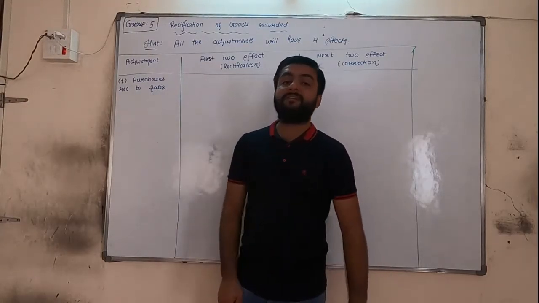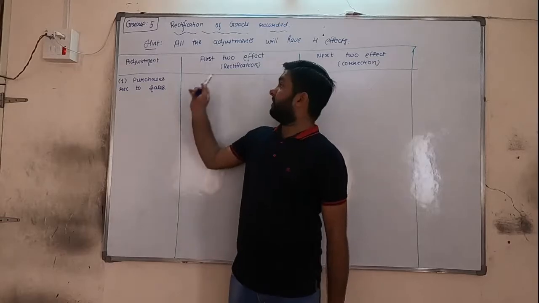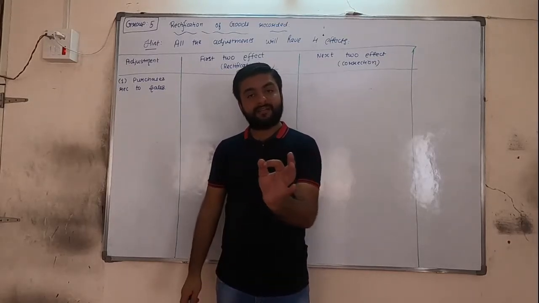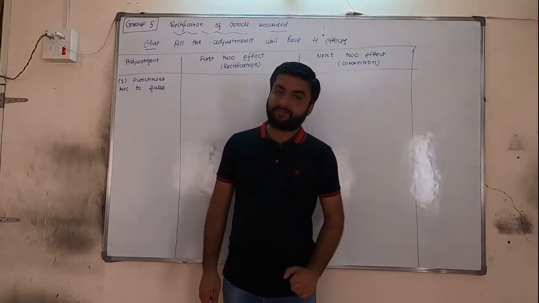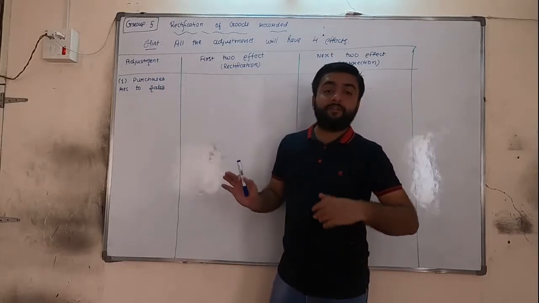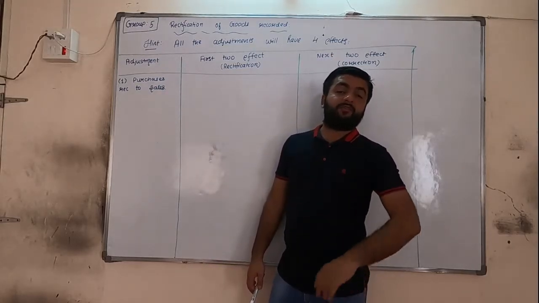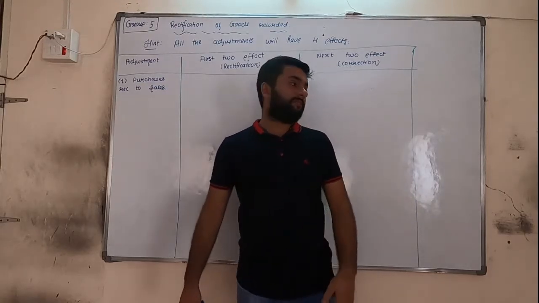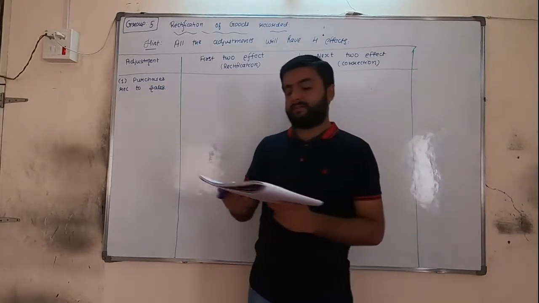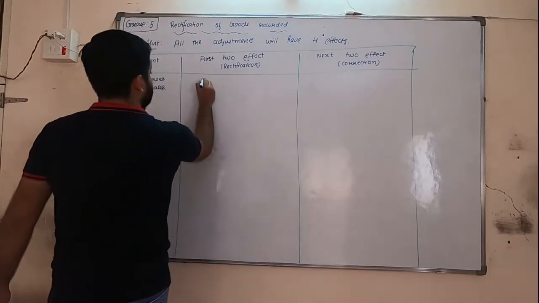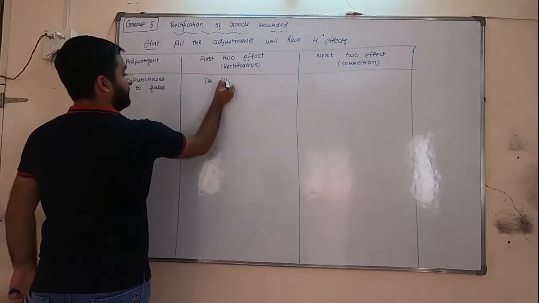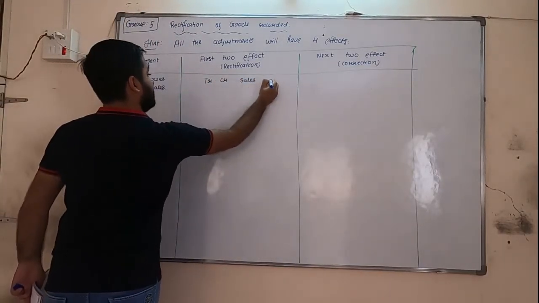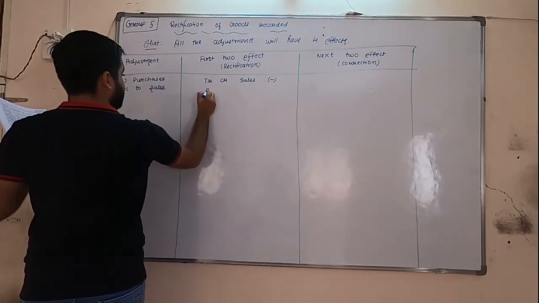So what will be the effect for rectification? Sales minus, debtors minus. Then next, actually what are they? They were purchases. So what effect will be given? Purchase plus, creditors plus. So how to write in a simple way? Trading account, credit side, sales minus.